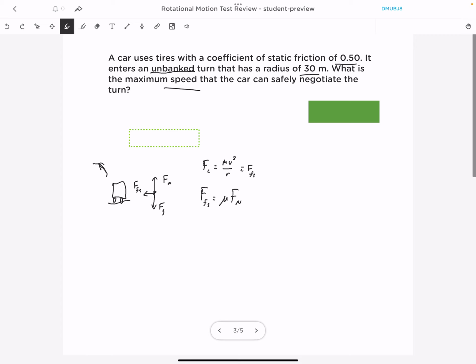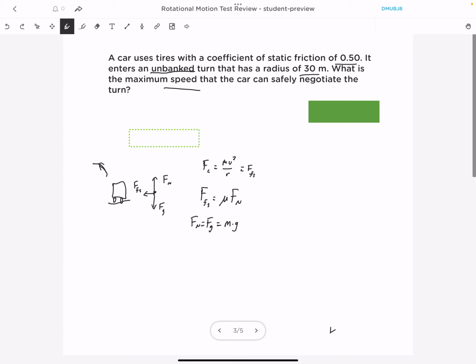So friction is equal to coefficient of friction times the normal force. And the normal force in this problem, this car is not accelerating up or down. The only acceleration is from the centripetal acceleration. So that being said, I know normal force has to equal gravity. So in this case, normal force has to equal gravity, that's just going to be m times g.